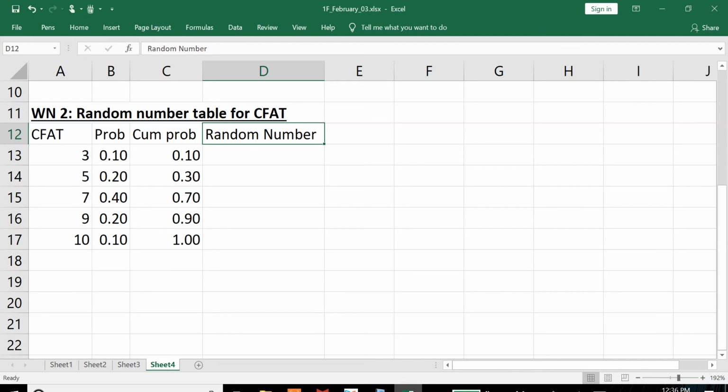Now tell me what will be the random numbers. 00, 02, 09. If you write only 0.1, you will get confused. That's why 0.10, let it be 0.10.